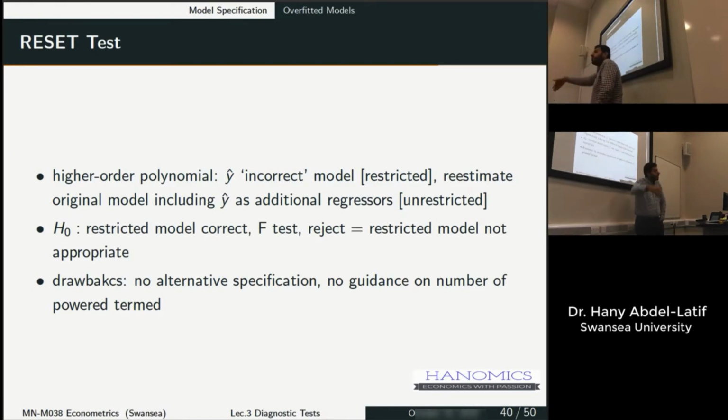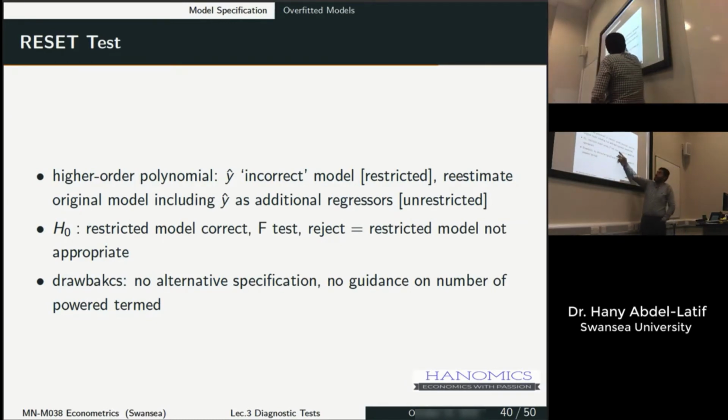You could put more, like y hat squared, whatever. Then you compare the restricted model, without the y hat, and the unrestricted, with the y hat, and your null hypothesis is that the restricted model is correct.